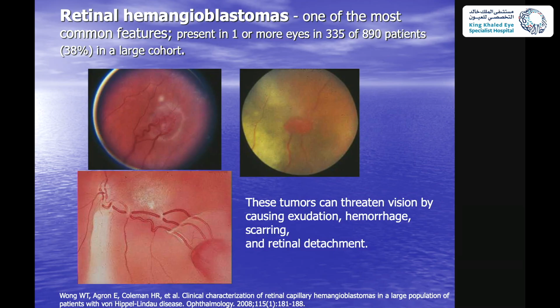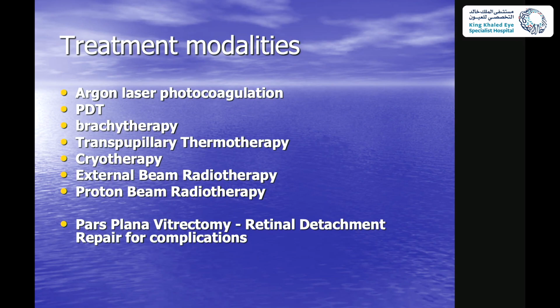So retinal hemangioblastoma is one of the most common features, as already spoken to, and this tumor can cause problems to the vision by causing exudation, as in our case. And if the exudation is severe, it can cause retinal detachment. The treatment modalities are mainly that of ablation.